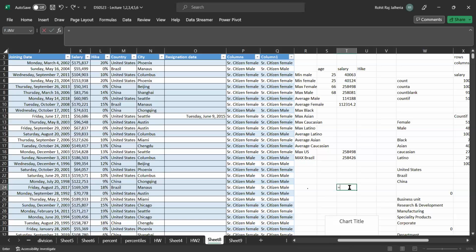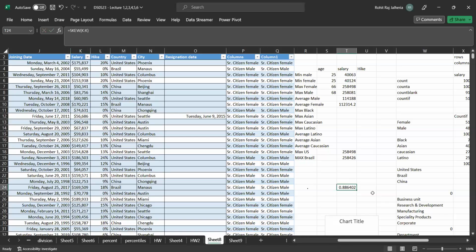I can directly calculate the skewness. I'll simply mention the skewness, right? And I'll simply pass the salary column. This will tell me the amount of skewness that is present in this particular column, right? So this is the skewness that is present, and I need to remove this skewness so that it should be equal to 0, or at least it should be as close to 0, right?